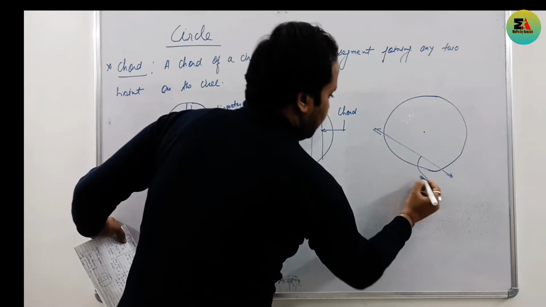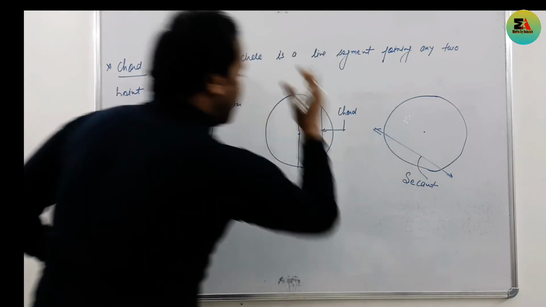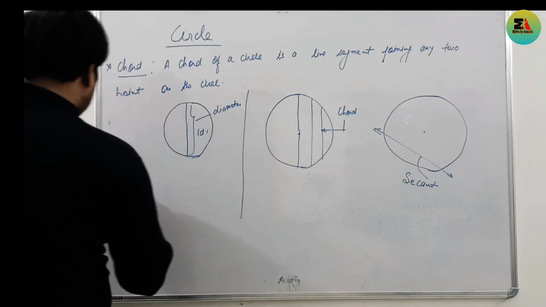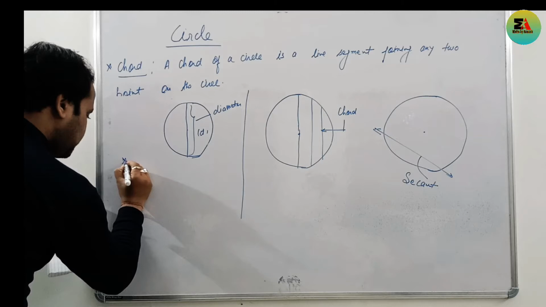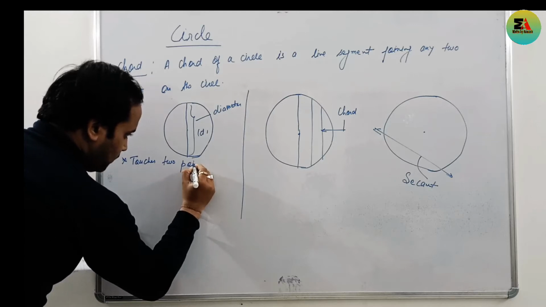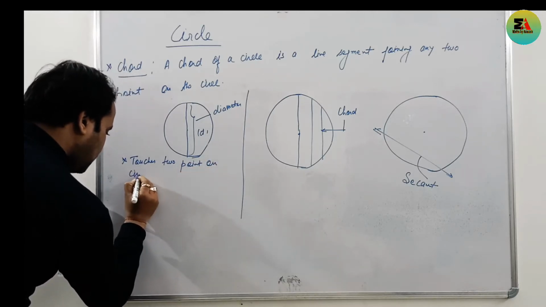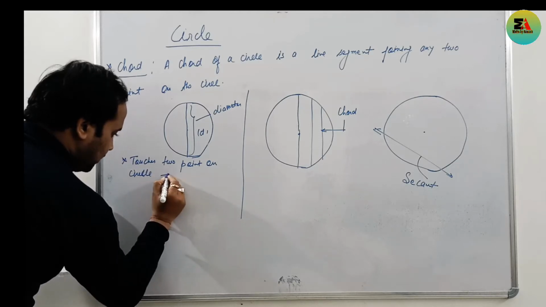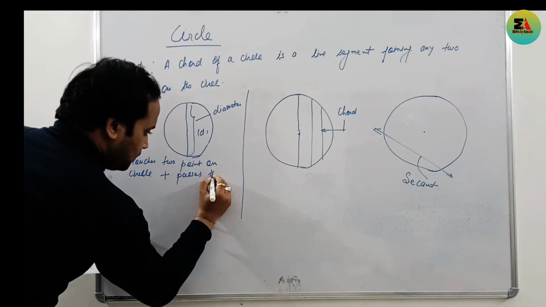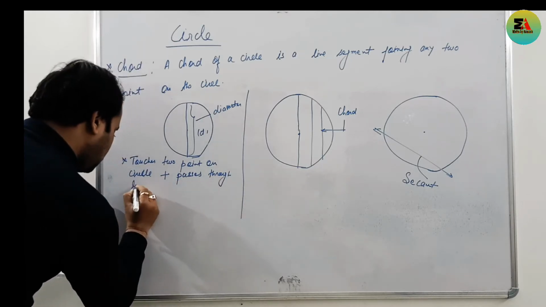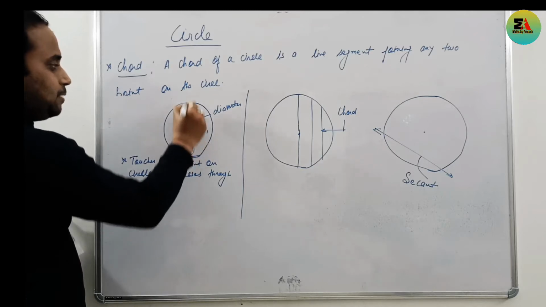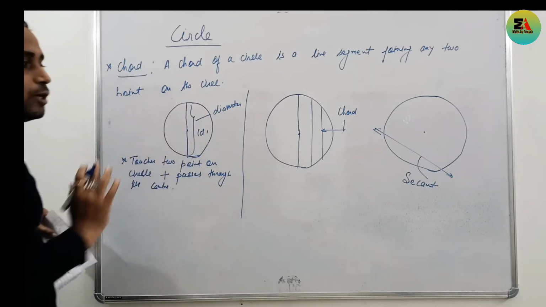This is secant. What is the basic difference between all three? Diameter touches 2 points on a circle and passes through the center. This is diameter. It touches the 2 points on a circle and passes through the center.